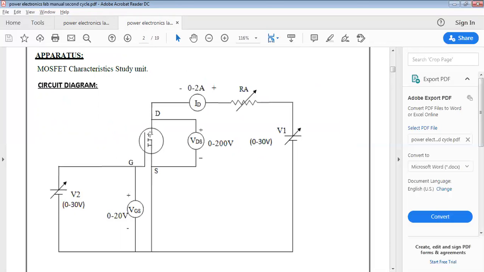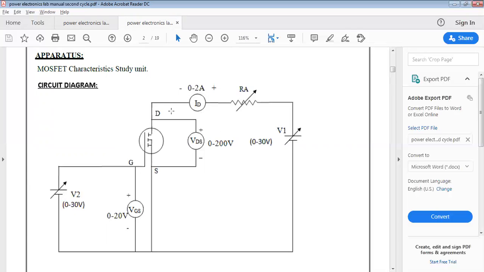So the connection between drain and source is an open circuit, which means the entire circuit is open, which is indicated by 0 amps in this ammeter.